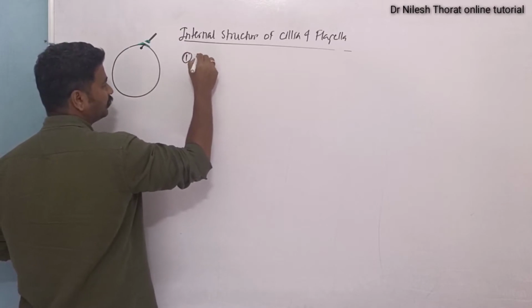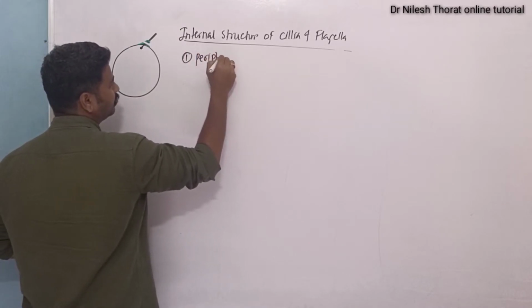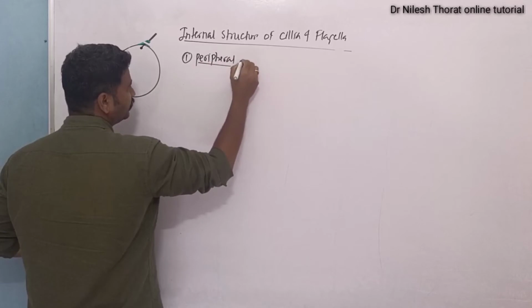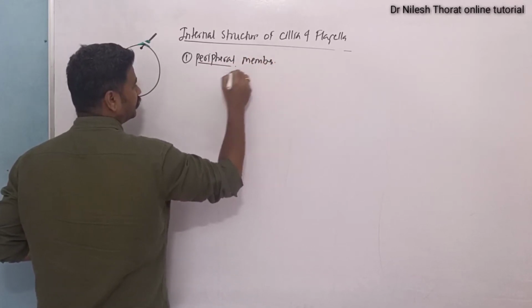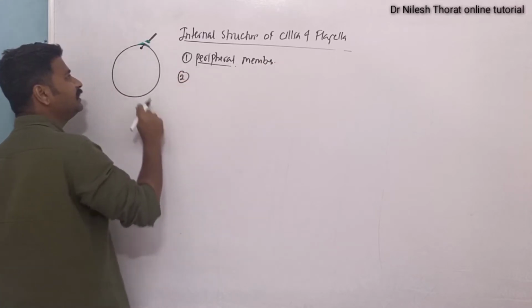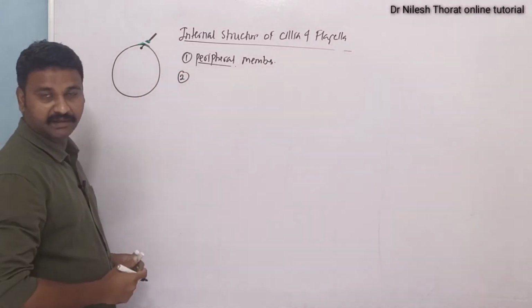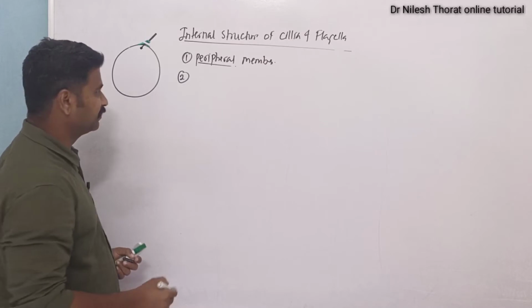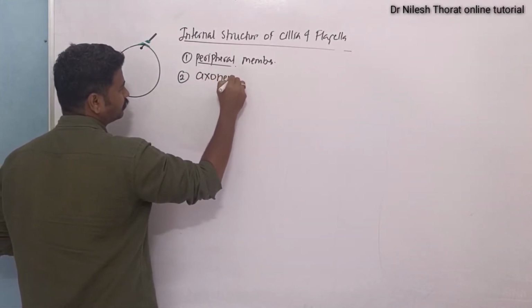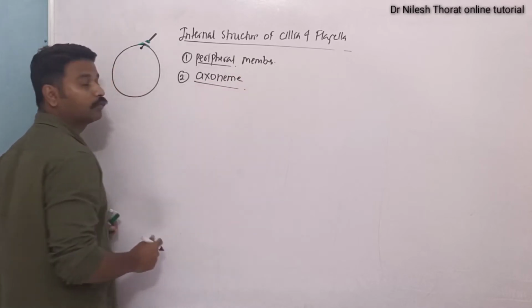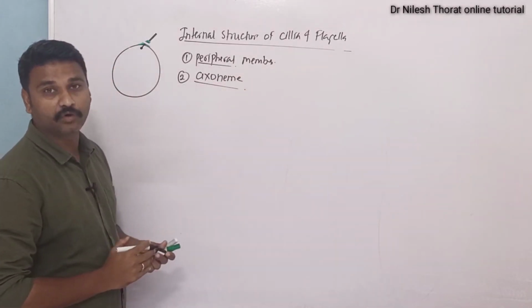Number one is the peripheral membrane, that is cell membrane, and second, everything inside the cell membrane is called as axoneme. So the core of cilia and flagella is called as axoneme.